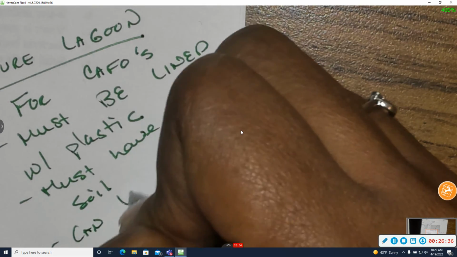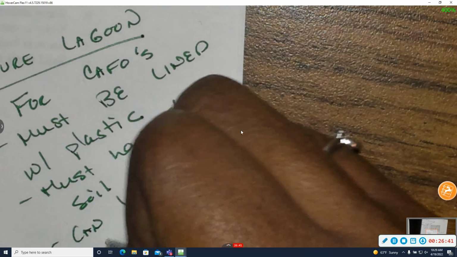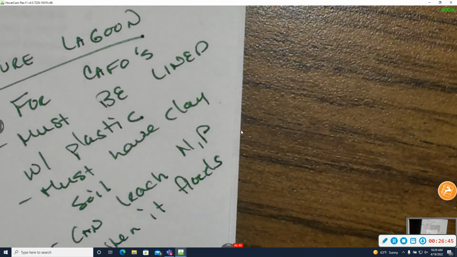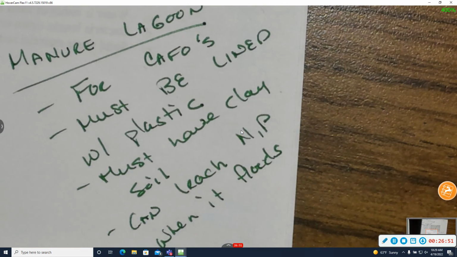It can leach nitrogen and phosphorus when it floods, and obviously that nitrogen and phosphorus goes into the nearest waterway.